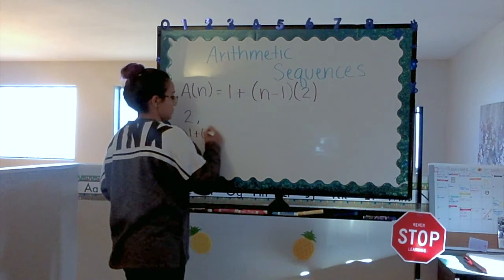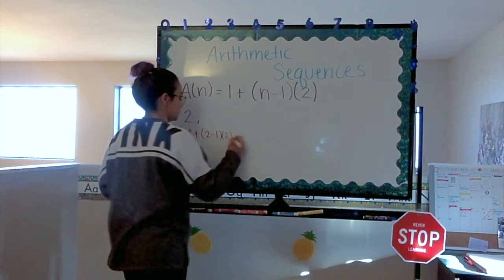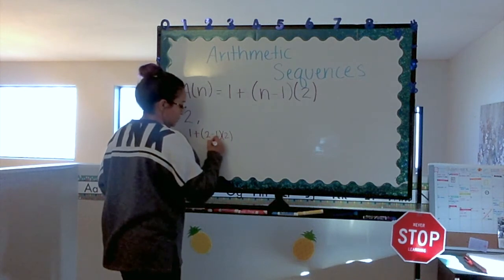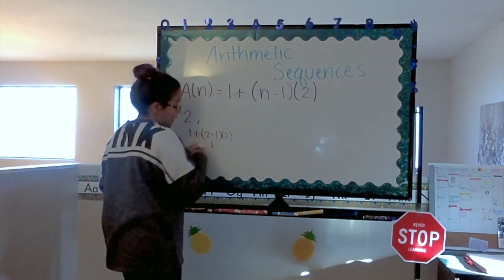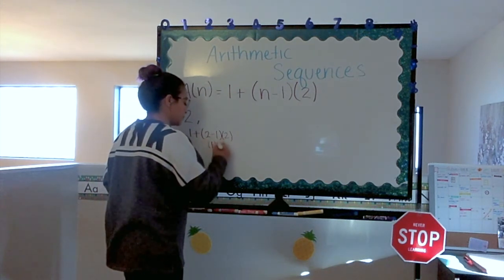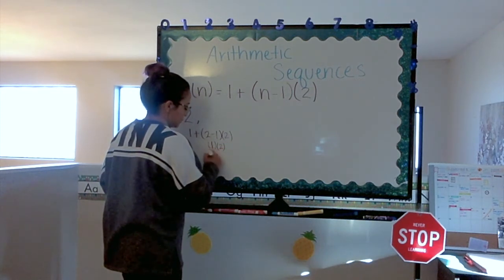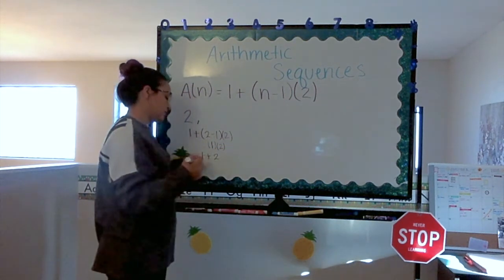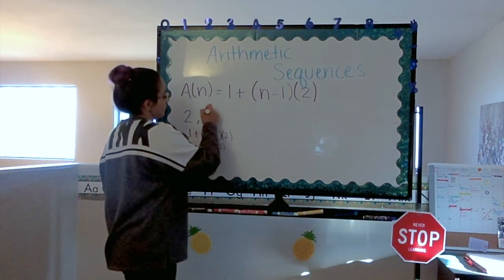So 1 plus (2 minus 1) times 2. 2 minus 1 is 1, a positive 1 because the 2 is positive. So it's going to be 1 times 2, which is obviously 2. And then to finish off, plus 1. Our next number in the sequence is 3.